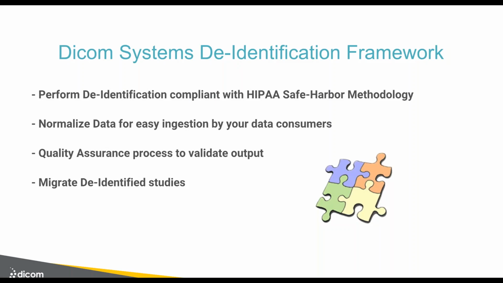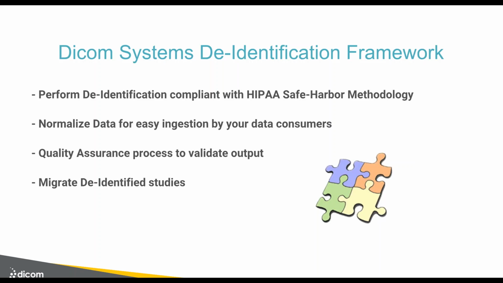So as far as our de-identification framework, there are several elements. The first is to perform this de-identification so it's compliant with the HIPAA safe harbor methodology we just looked at. That's pretty straightforward. A lot of people look at de-identification and the requirements of safe harbor and go, oh, my nephew plays with computers. He's in college and he can write a script to do this real quick.